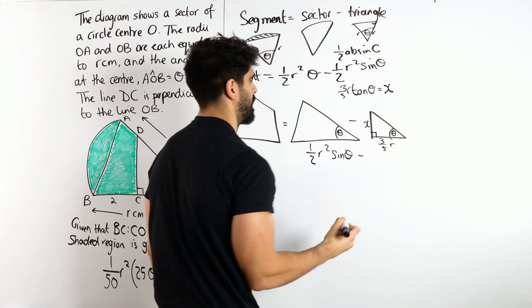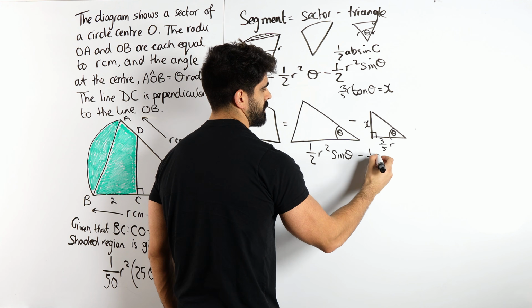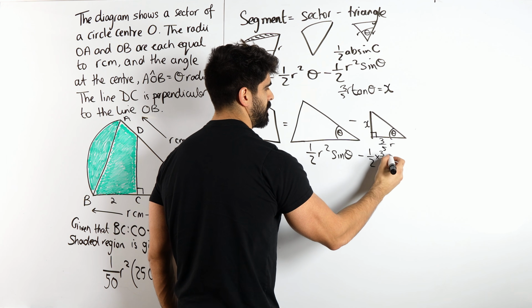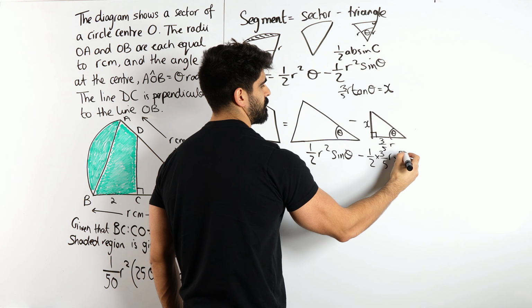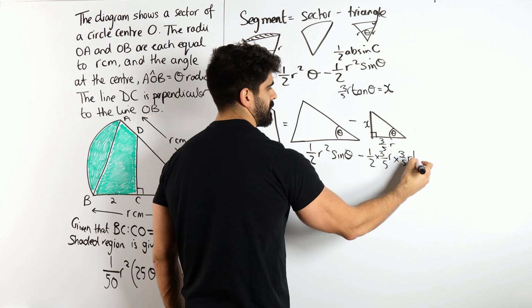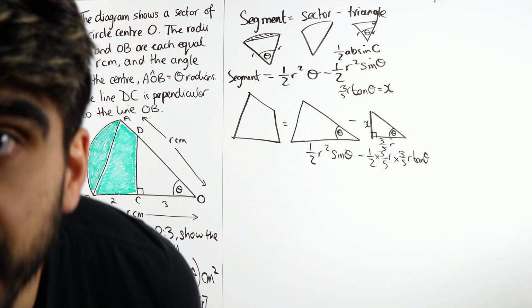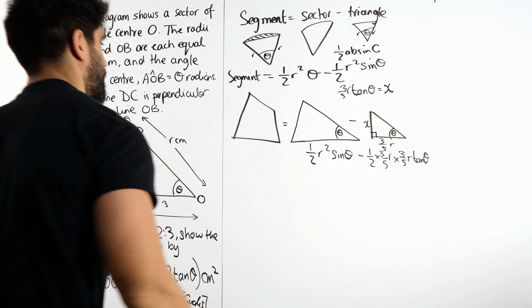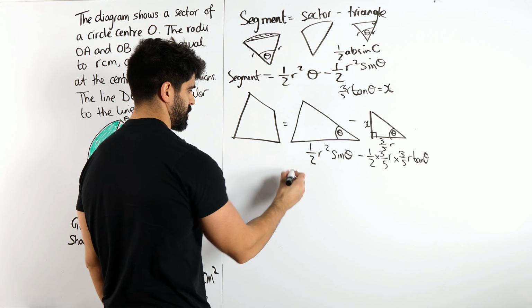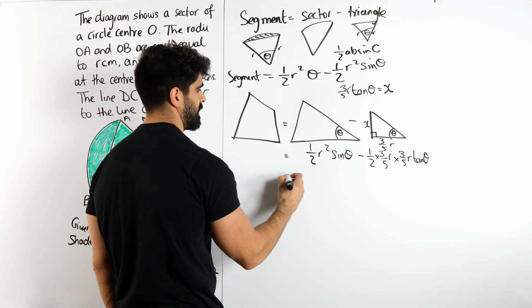So now we can work out its area. It's a half times the base length of 3/5 R times the height of 3/5 R tan theta. Can you guys see that? So overall, we just have to clean that up.